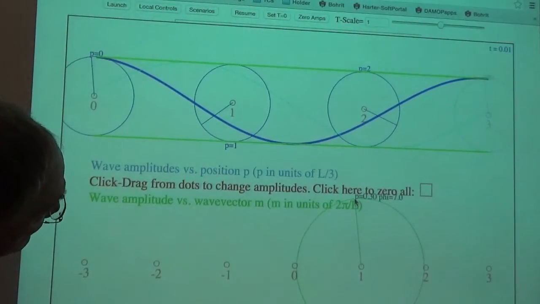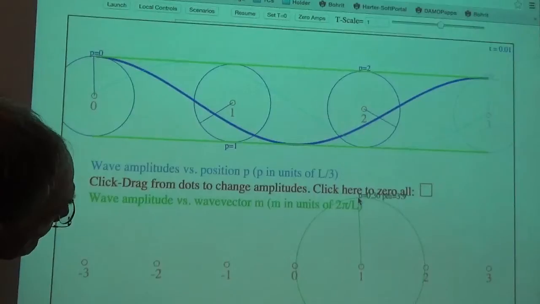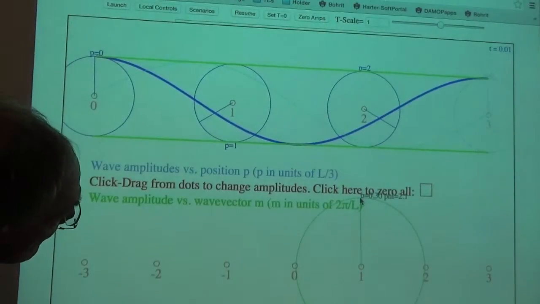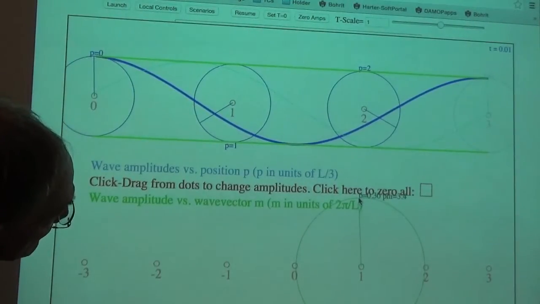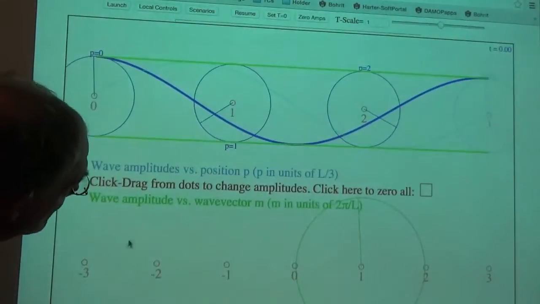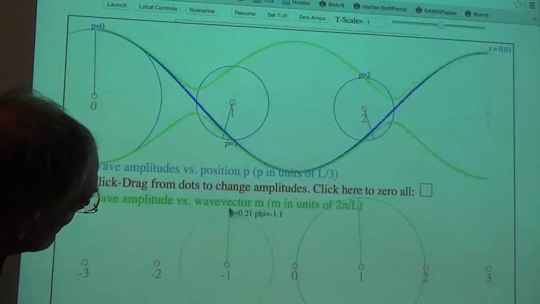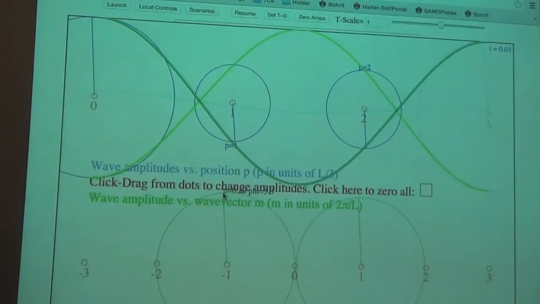So I'll start here very close to, see if I can get it right on 3.14 or 159 is what you're really looking at. And then I'll do the same with this one. Is that pretty vertical there? Yeah. If I take the -1 wave and put it up like that, I will be producing that wave, and that's pretty close to what I want to make it look like that particular picture there.